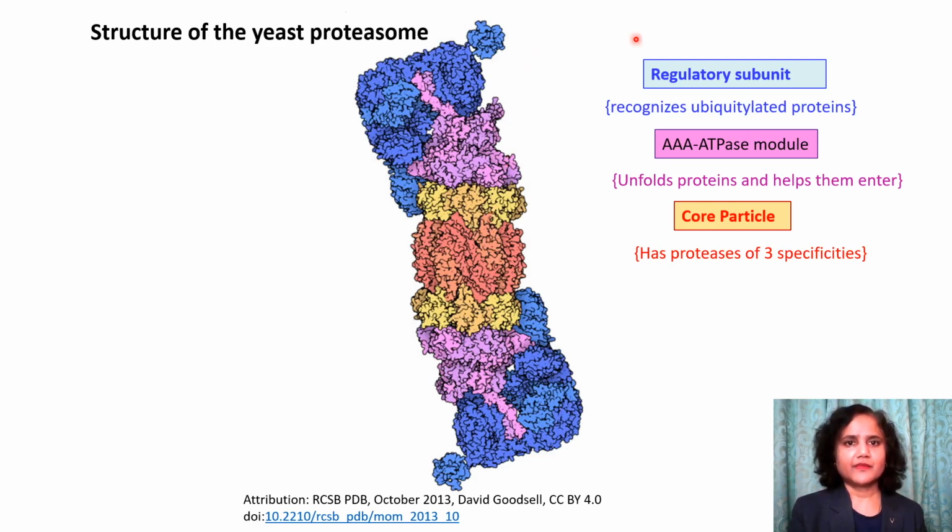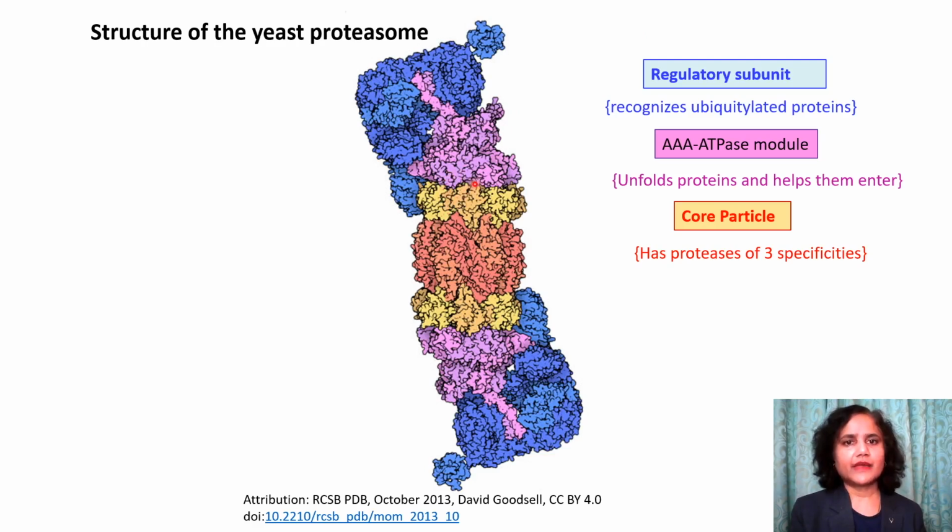So there are some 6 AAA ATPases which are present at the base of the ring of the 19S regulatory particle that perform all these functions, while they also interact with this 20S catalytic chamber.